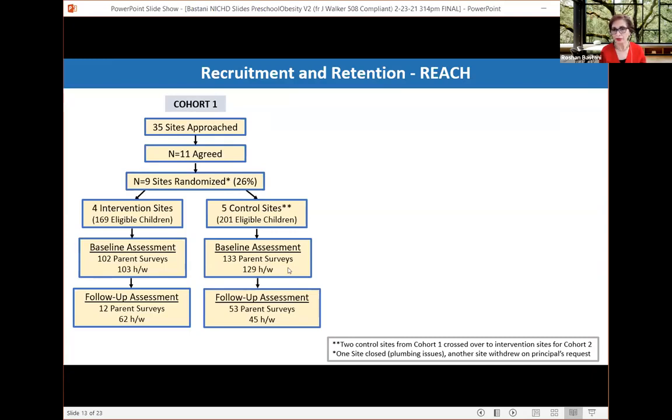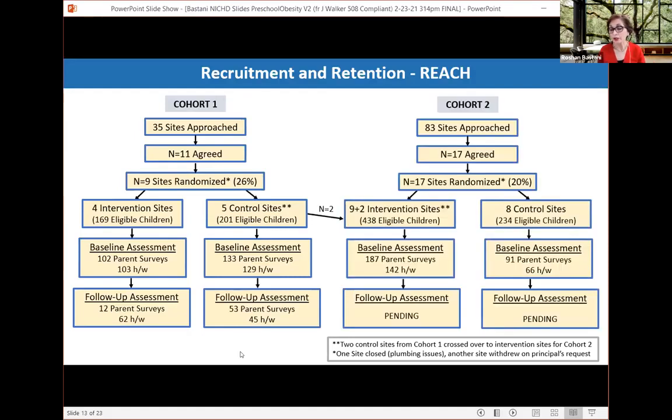Baseline data collection was pretty good. Follow-up, as you can see, is much lower because we get into the COVID period. One site closed because of plumbing issues. Another site closed because the principal didn't want to participate anymore.